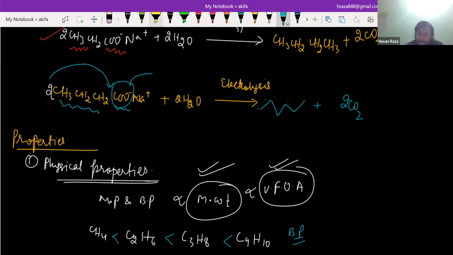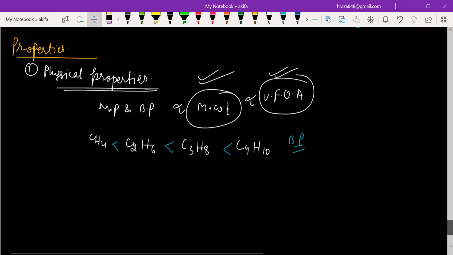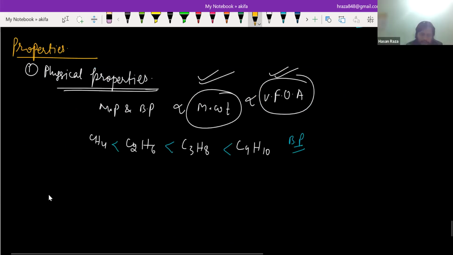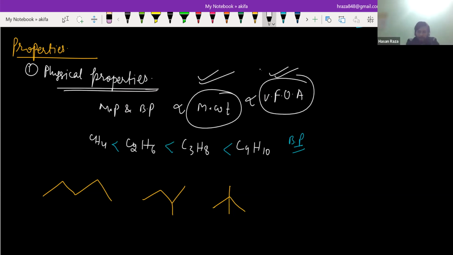Is this clear? Yes. Now, if you have a question like I'm going to give you, this is pentane, this is also pentane, this is also pentane. Arrange them in increasing order of boiling point. The one which has more surface area has higher boiling point. Which one has more surface area, the first, second, or third? First.